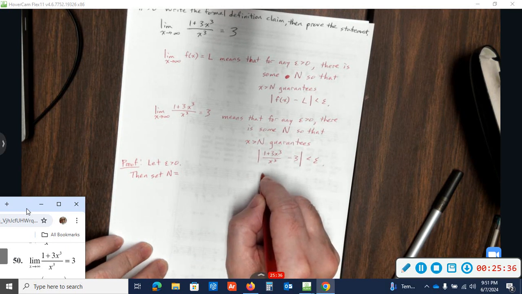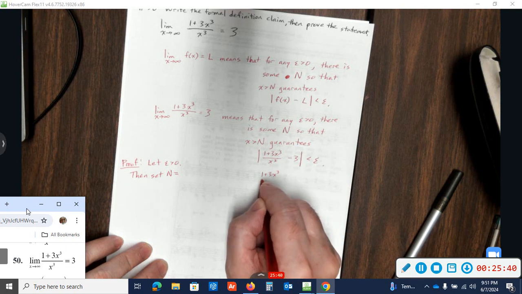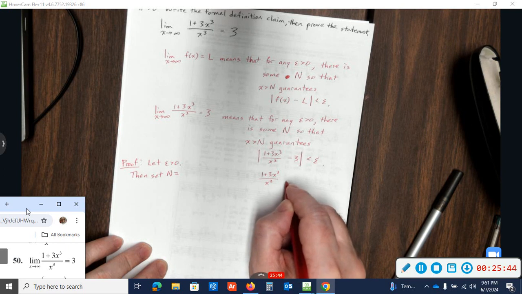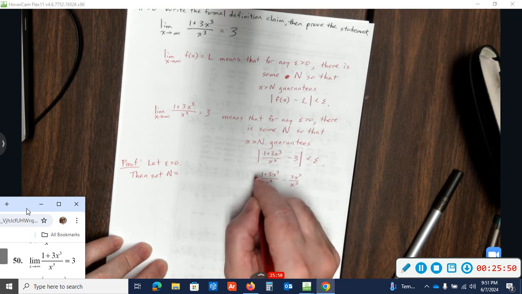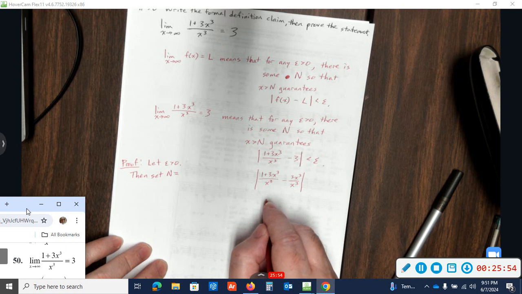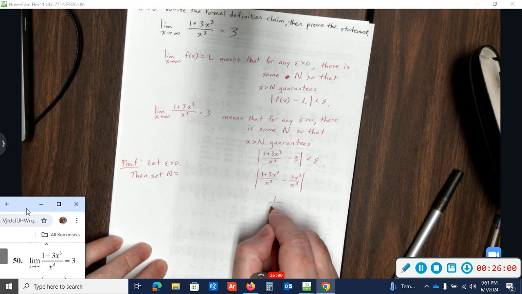This is 1 plus 3x cubed over x cubed. If I want to combine fractions, I need common denominators. This is 1 plus 3x cubed minus 3x cubed. This is just 1 over x cubed.